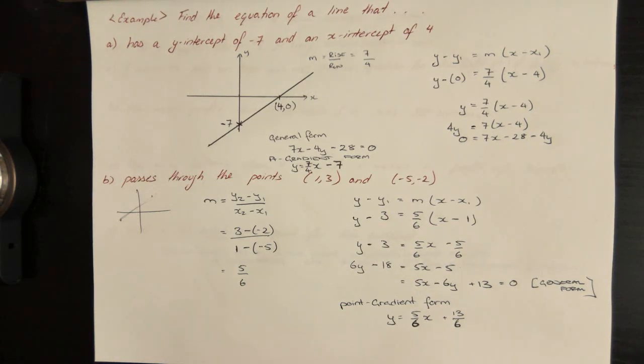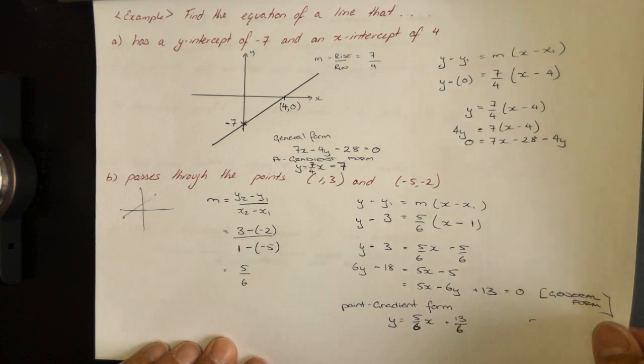Okay, and then that would be my point gradient form.